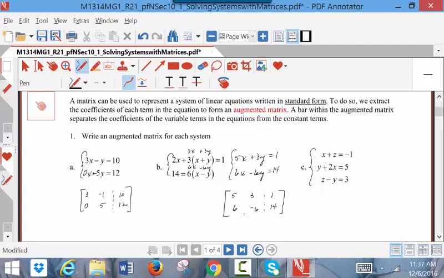Your example part C, if you take a close look at it, you have the x variable, the y variable, and a z variable. So every equation you want to say something times x plus something times y plus something times z equaling a constant. So this first equation you'd say 1x given, but you'd put a 0y in here plus z equaling -1, so every variable is in the equation.